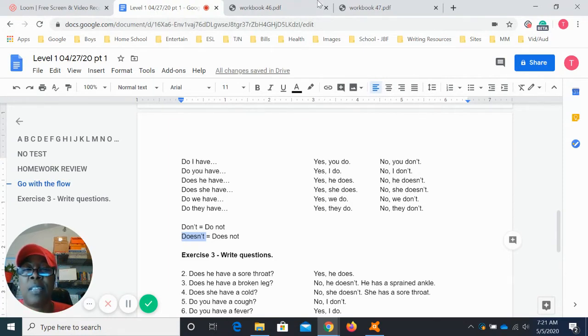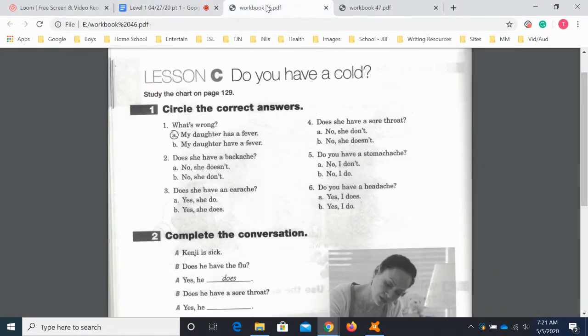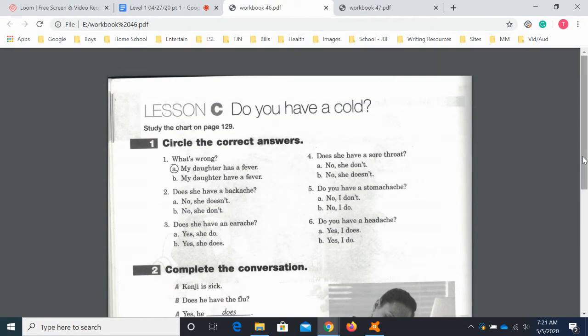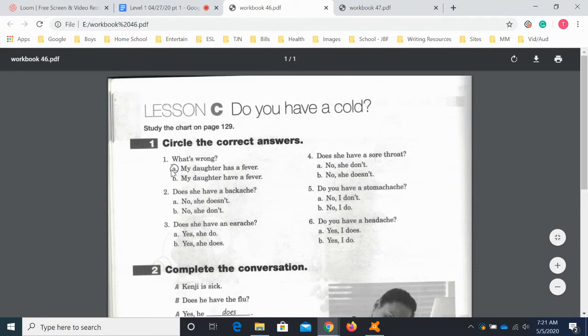So let's look at exercise 1 on page 46 in our workbook. Exercise 1, circle the correct answers.